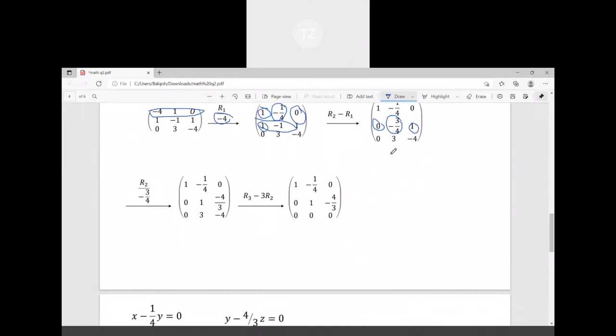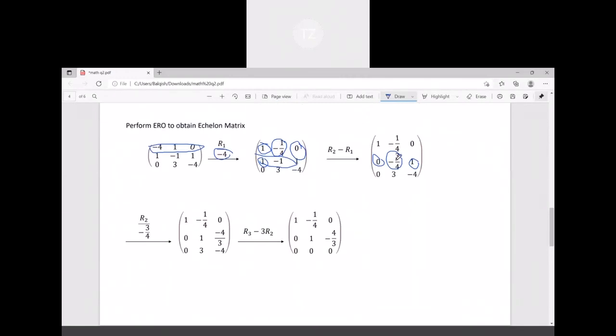Next, -3/4 should be 1. So we divide by -3/4. 0 divided by -3/4, 0. -3/4 divided by -3/4, 1. Then 1 divided by -3/4, -4/3.